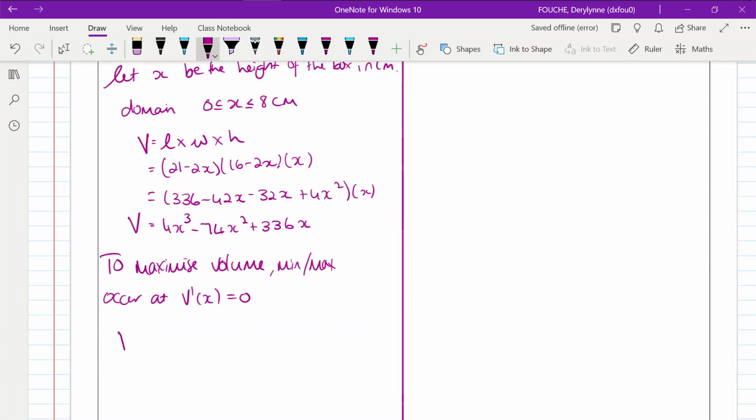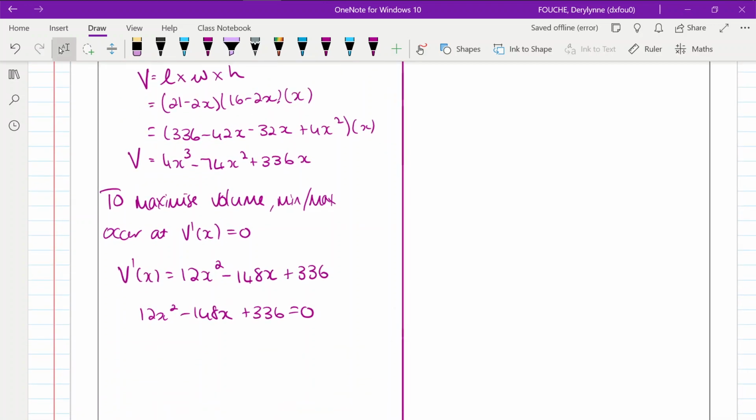Alright, so let's find our derivative. V dashed of x is going to be 12x squared minus 148x plus 336, and we need to put that equal to 0.